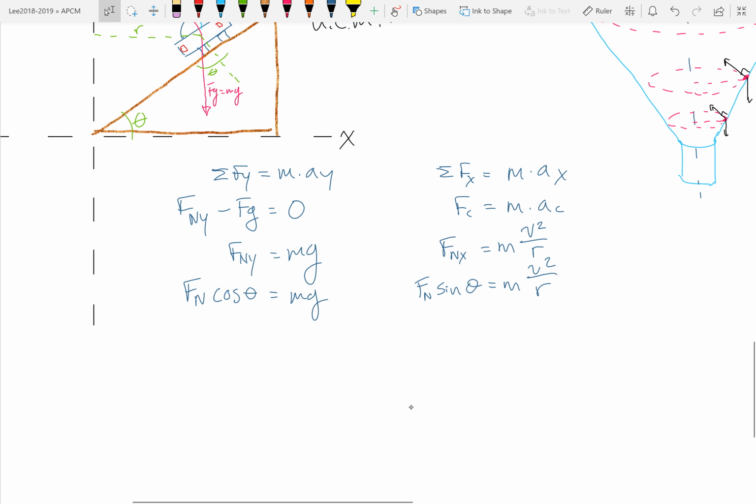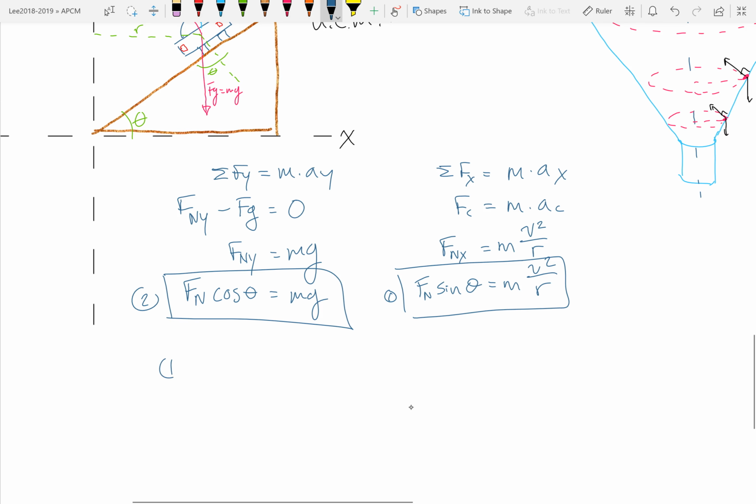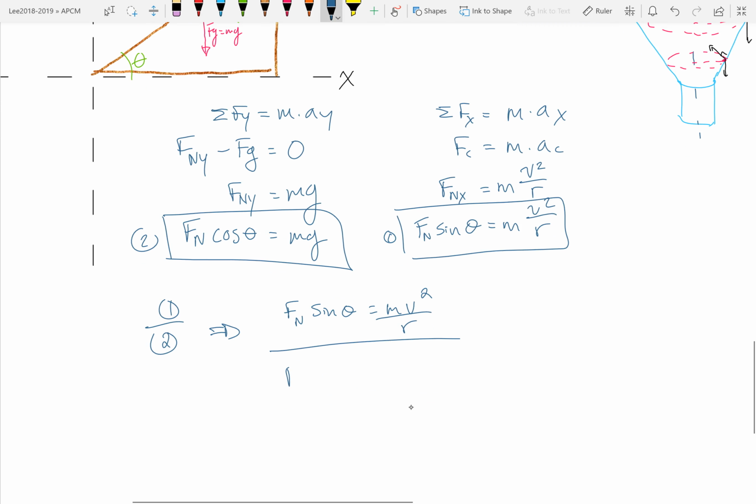And I want to solve for v, so what am I going to do? I want to take this equation right here, call it equation 1, that's stuff in the x direction. I'm going to divide it by equation 2. So I'm doing equation 1 divided by equation 2. What's that going to get me? I have F normal sine theta equals m v squared over r divided by F normal cosine theta equals mg.